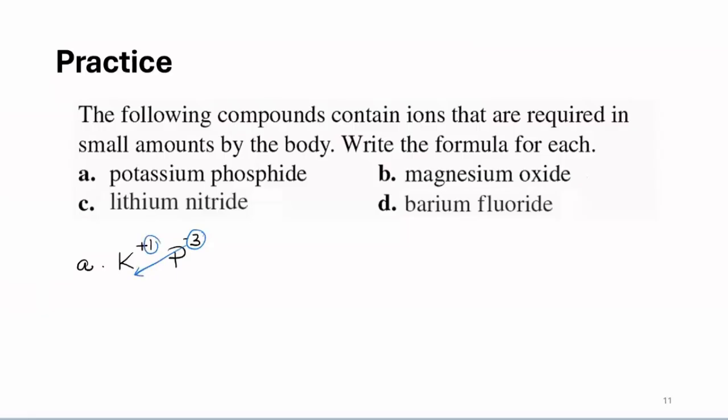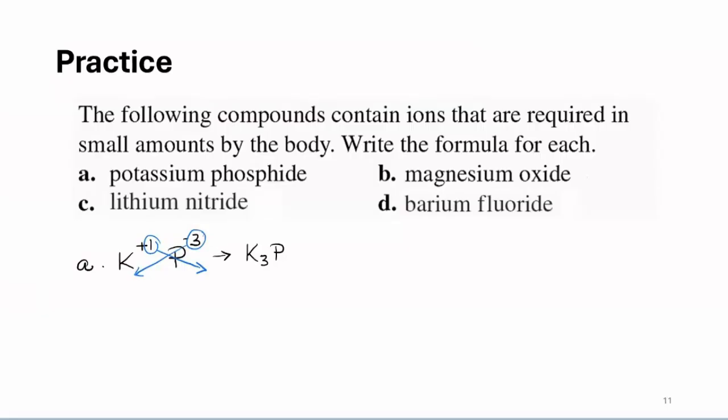So at first, I'm going to write K3P1. When we have a subscript of 1, that is always omitted. So my final answer is K3P.